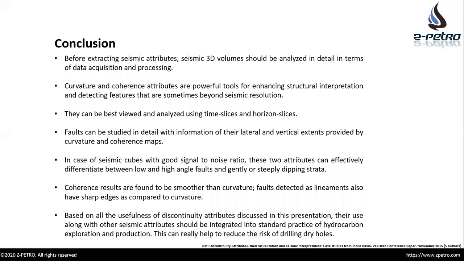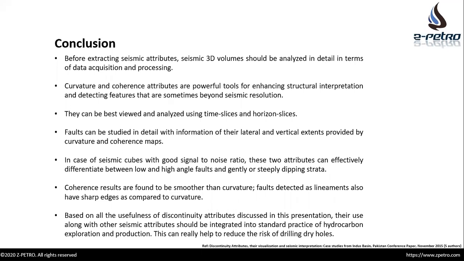If you take the example of curvature and coherency attributes, these are powerful tools to extract the information of hidden features, like small faults or fractures, all right. Sometimes we will use curvature and sometimes coherence, meaning that we are going to utilize these two attributes side by side, all right.